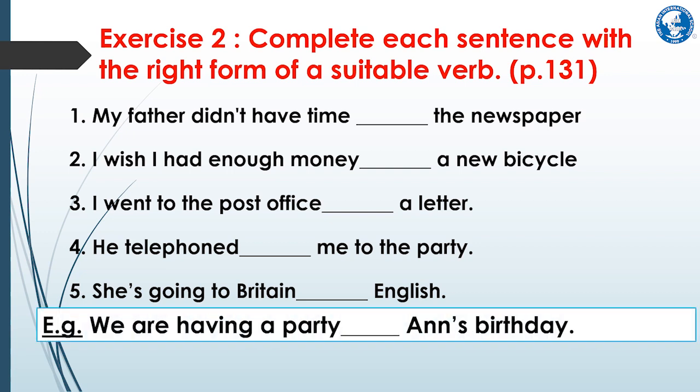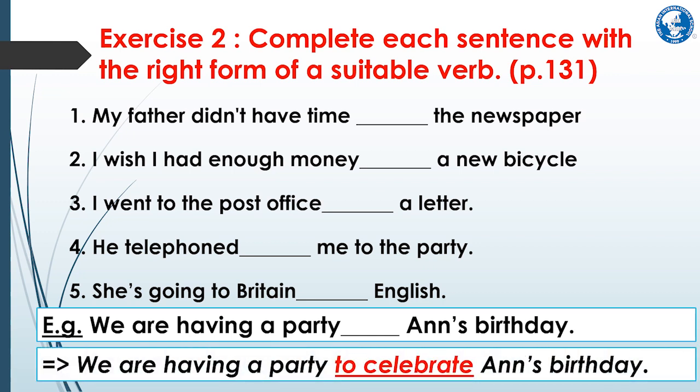We are having a party, blah blah blah, Anne's birthday. So, the verb that goes with birthday should be celebrate. So, we are having a party to celebrate Anne's birthday. Now, you have about 5 minutes to complete the exercise.